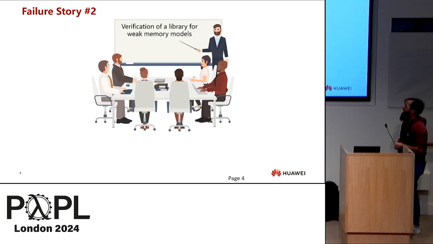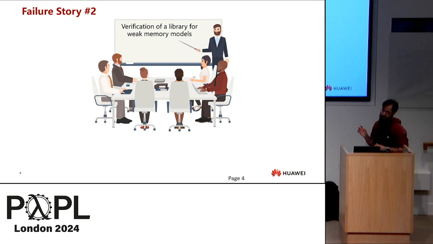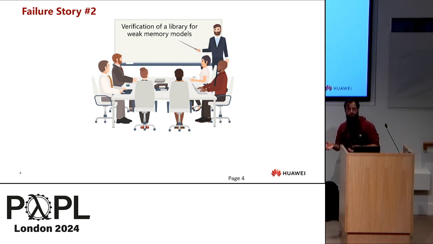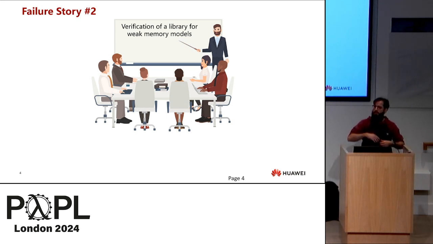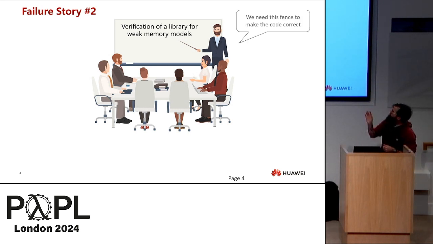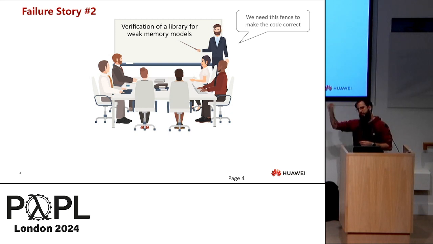Another example: a few months ago, I was attending a workshop where someone was giving a presentation on their verification efforts for some library that was supposed to be running on top of some weak memory models. At some point, the presenter claimed that for this particular API, we need this fencing here to make the code correct.